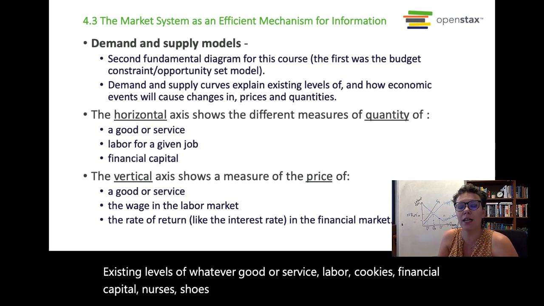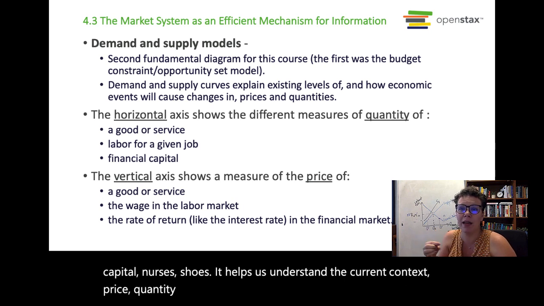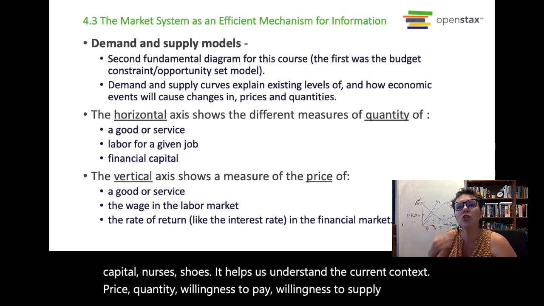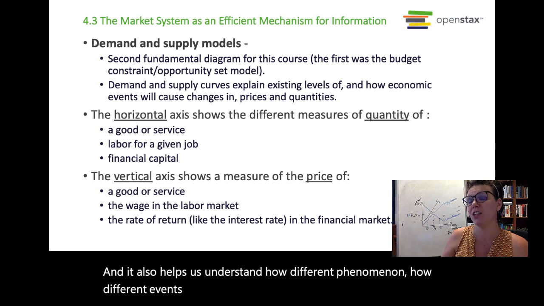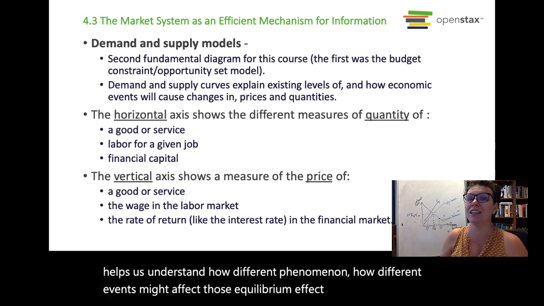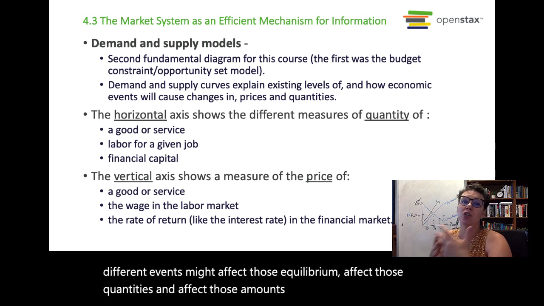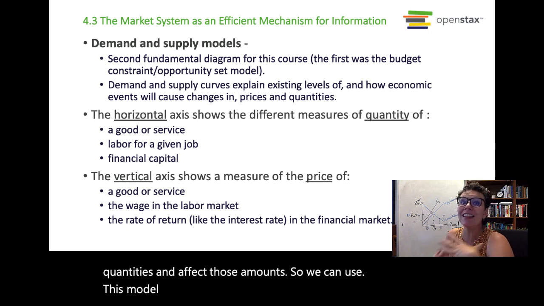It helps us understand the current context, price, quantity, willingness to pay, willingness to supply. And it also helps us understand how different events might affect those equilibria, those quantities, and those amounts. So we can use this model to describe a lot of things.